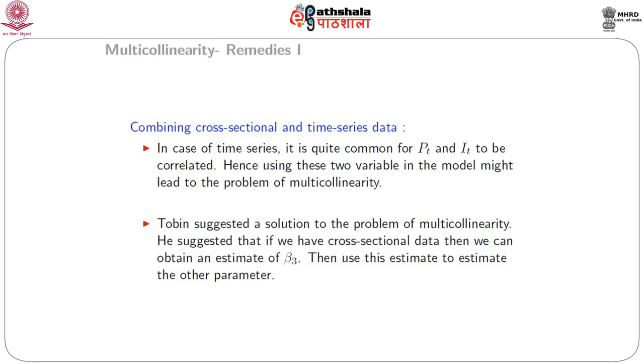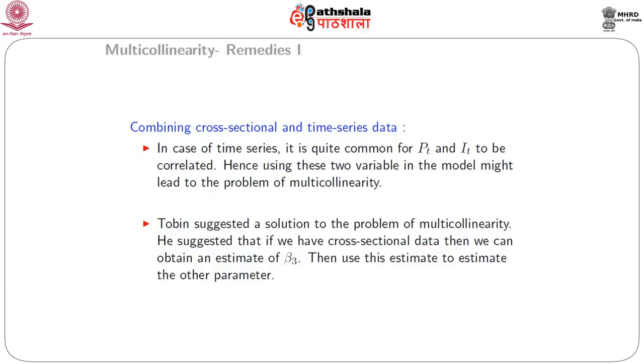So, we can intuitively see a positive correlation between the two variables. But the time series model that we had looked at in the previous slide contains both these predictors as predictor variables for the response variable number of cars sold. Hence, these two variables in the model might lead to the problem of multicollinearity.